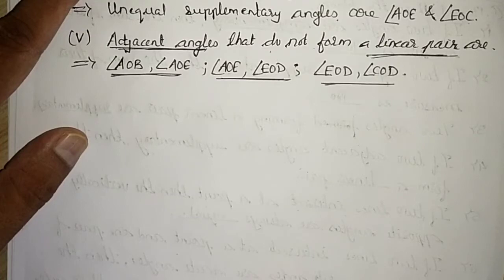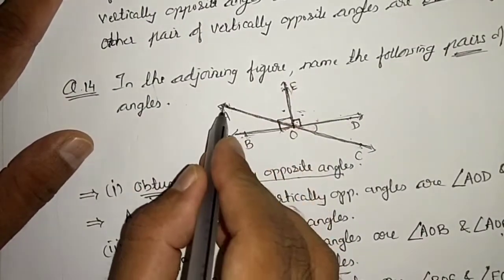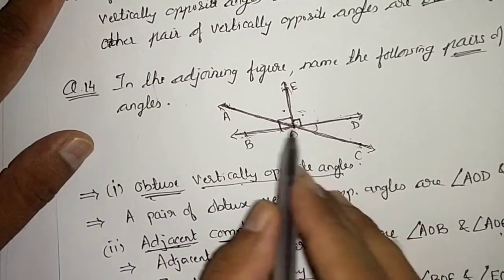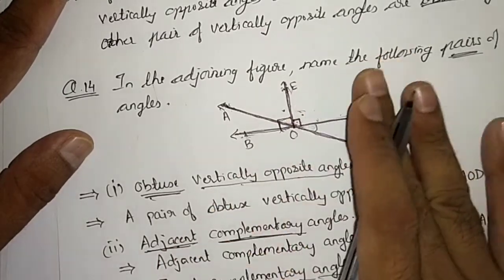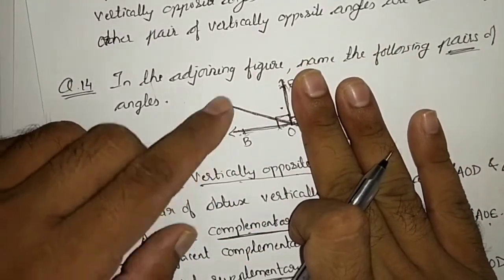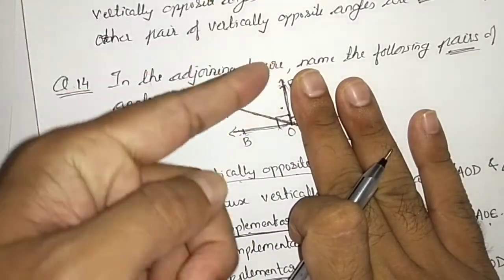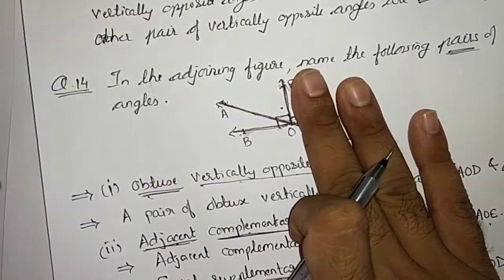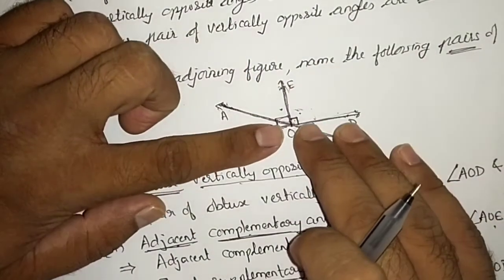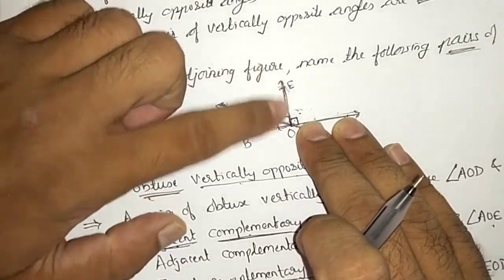How do we conclude that they are not forming a linear pair? Because if they form a linear pair, they must be lying on a straight line and their sum must be 180 degree. See this figure, these two angles AOB and AOE. If we total them, it will be 90 degree. So not linear, but they are adjacent. Same way, let us take AOE and EOD.